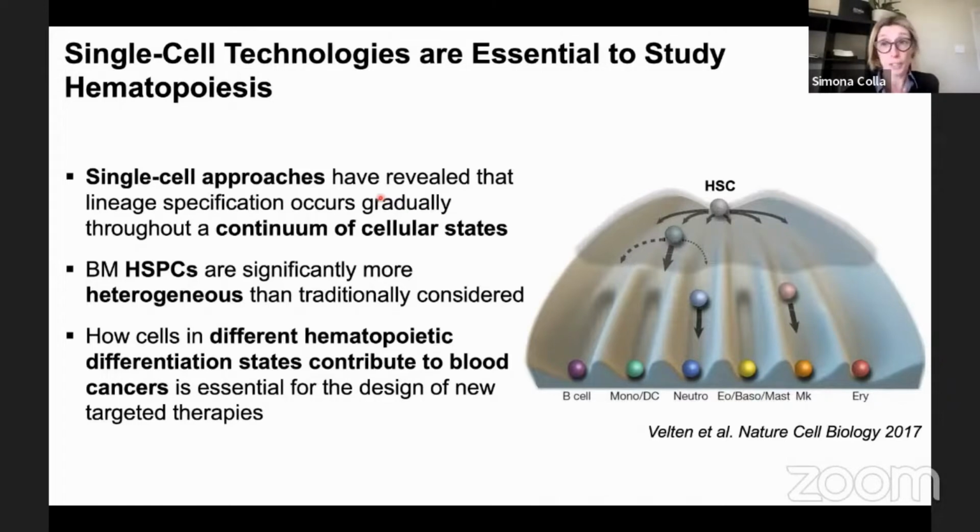We need to talk about a continuity of cell states that you can define only by single cell transcriptomic or single cell epigenomic analysis. These cells, previously identified with specific markers, are not so defined; they are a continuity and very heterogeneous. So if you want to dissect hematopoietic cancer, you need to think about single cell technologies to dissect different hematopoietic states.